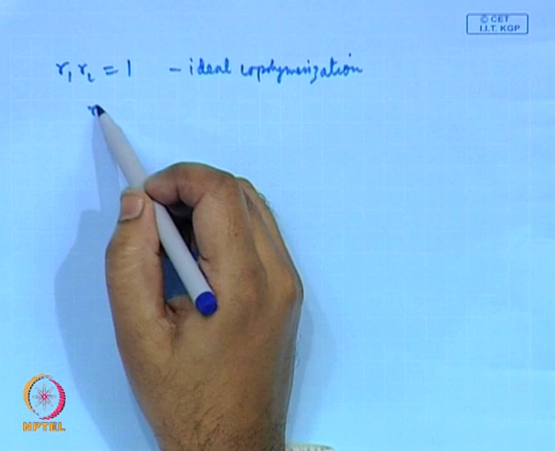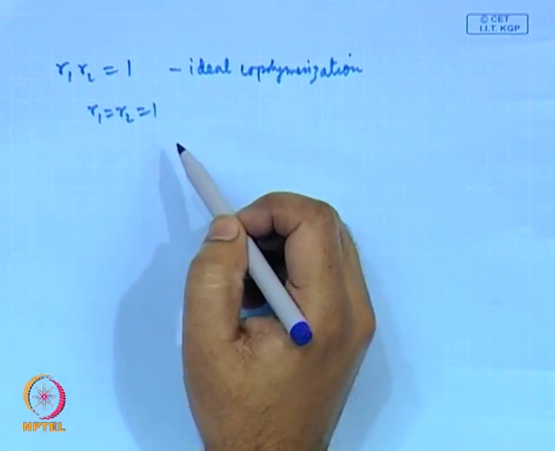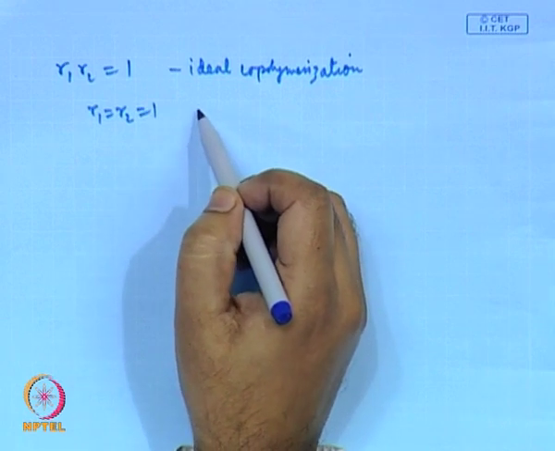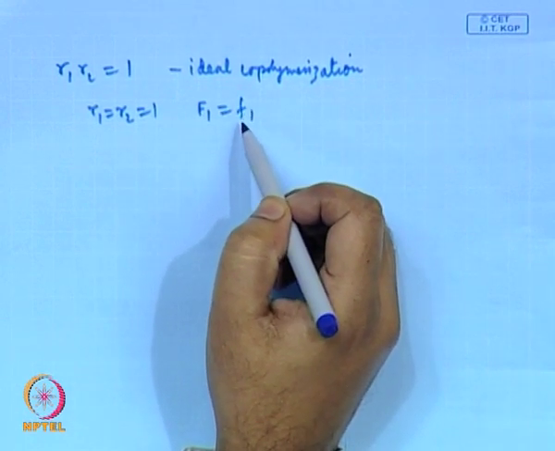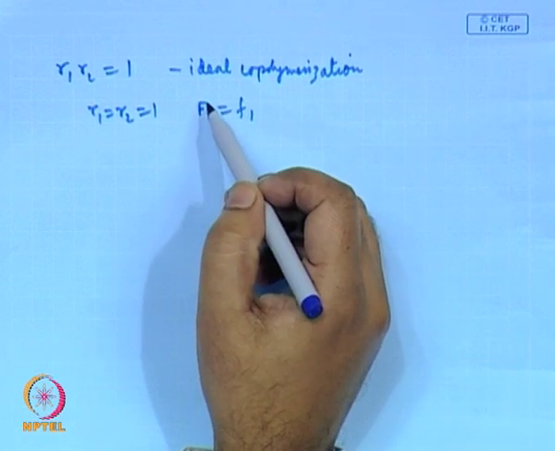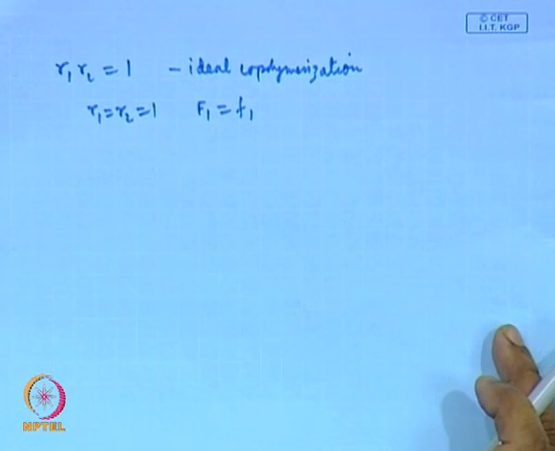There is a special case where both r1 and r2 are 1, and in that case we have seen that F1, the mole fraction of the monomers in the polymer, is the same as the mole fractions in the feed.